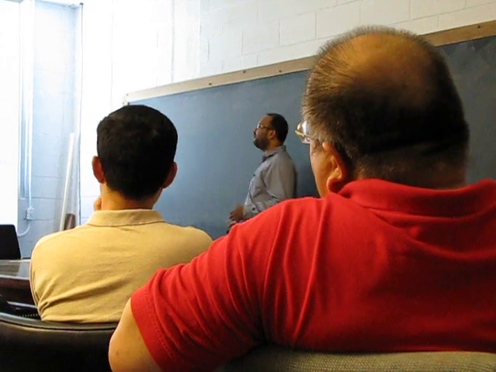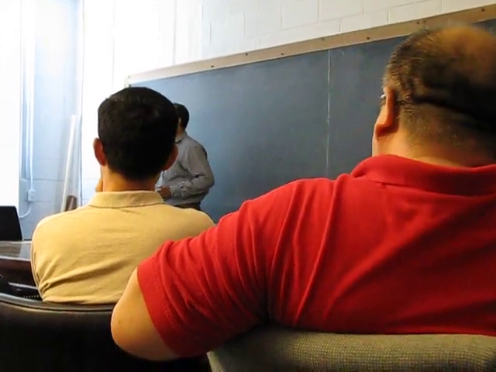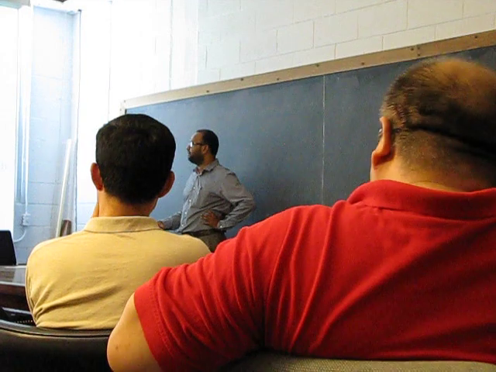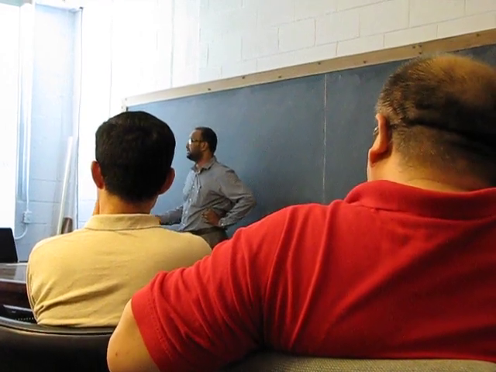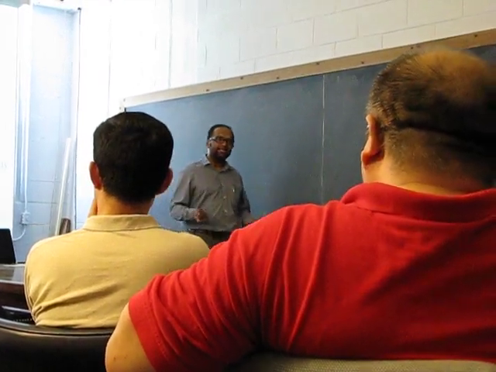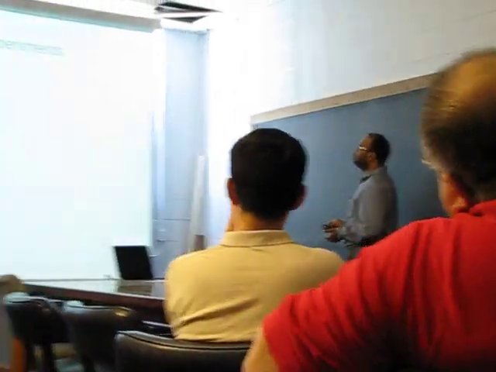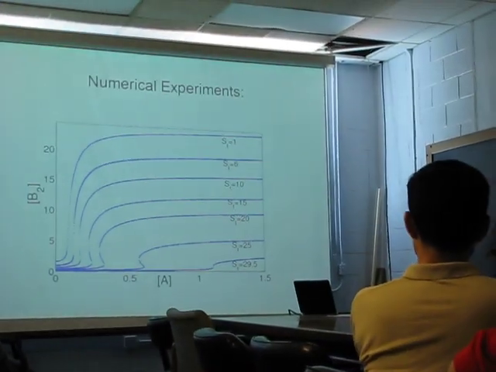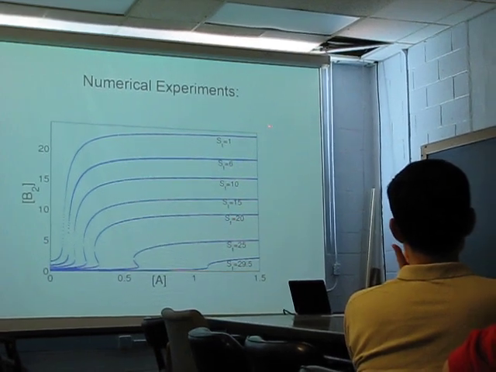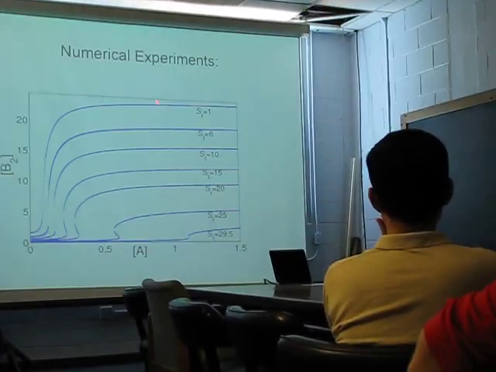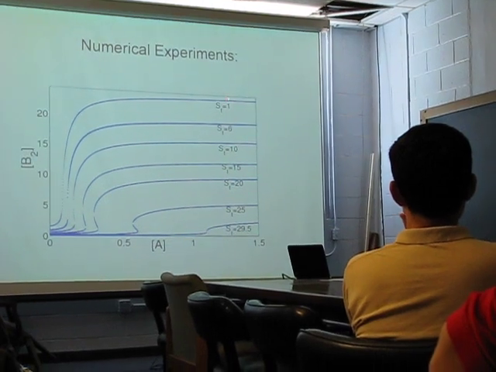So we go further, to the case n equals 2, where you get a fourth order polynomial, and we randomly select all the parameters and see whether we can get multiple steady states. We did two numerical experiments. One, we set the total protein amount fixed and vary the scaffold amount.